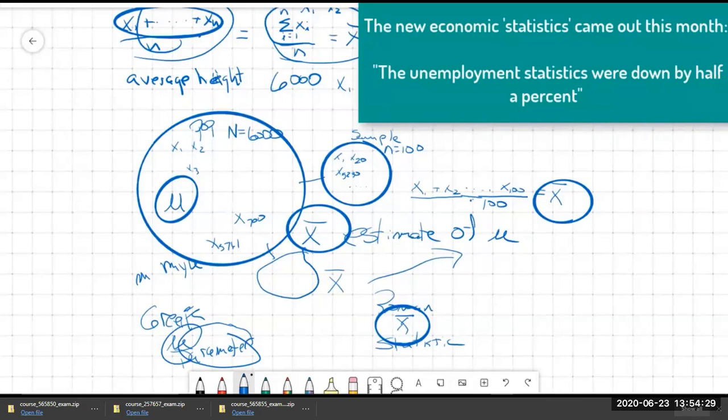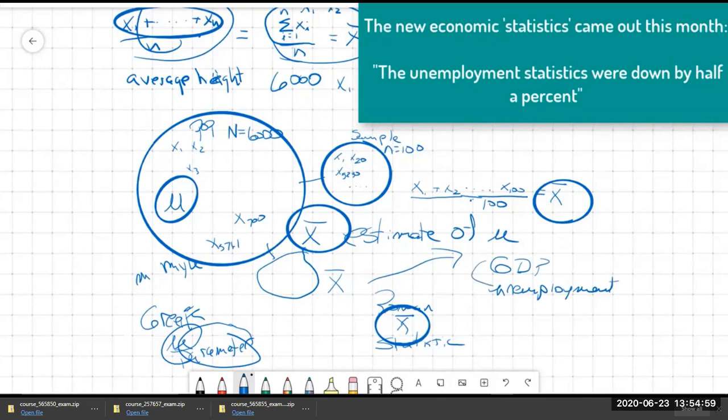If they're using the word correctly, or at least in the statistical sense, it means that the new numbers that we got, like for GDP or unemployment, are only from a sample.